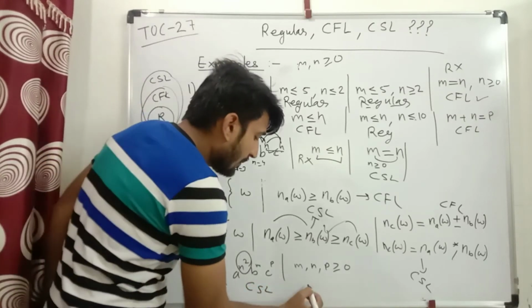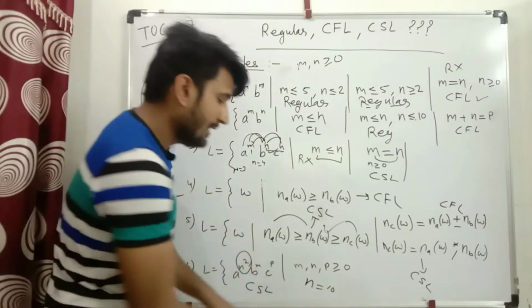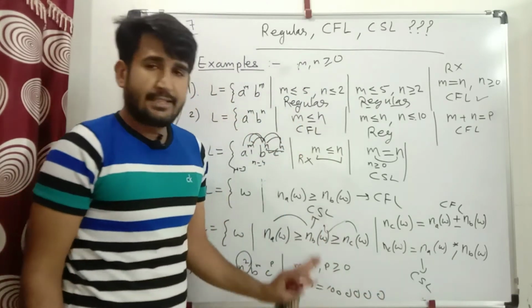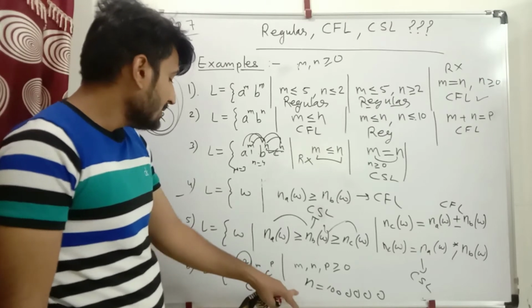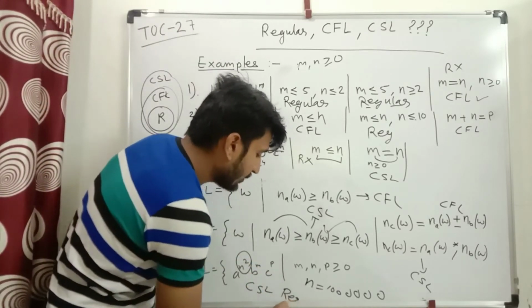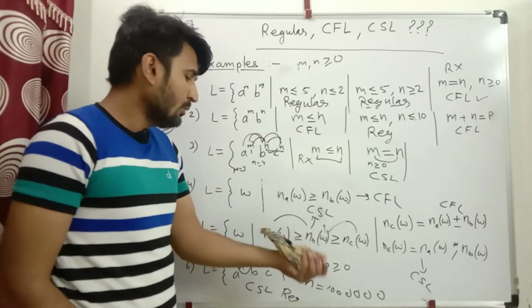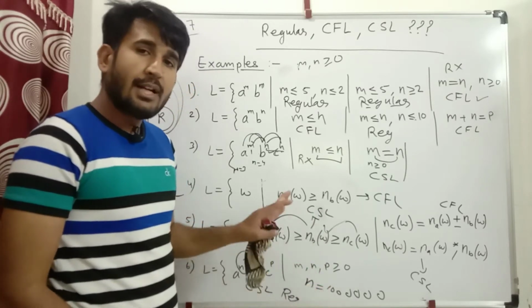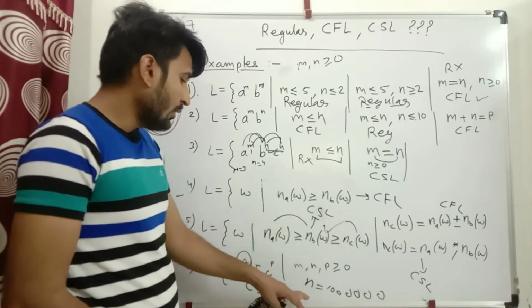If n is constant like 10, or even if n is 10 lakh, then it is a regular language. Why is it regular? Because if n is constant, it doesn't matter how large the value is, we can draw the machine, so it is regular.